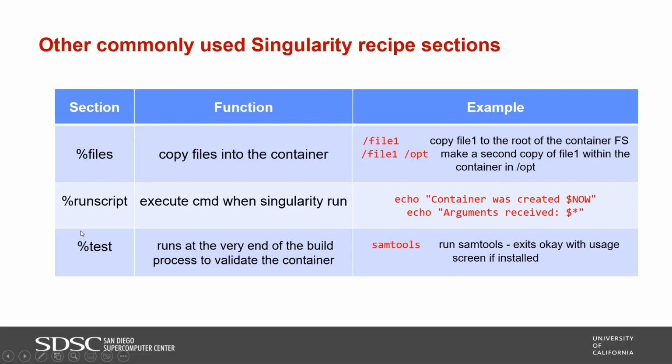Or if you want to define the run script at the Singularity runtime, you can use the runscript section. And if you want to test your Singularity containers, you can use the test section. So a simple test will be carried out at the end of the Singularity building process.